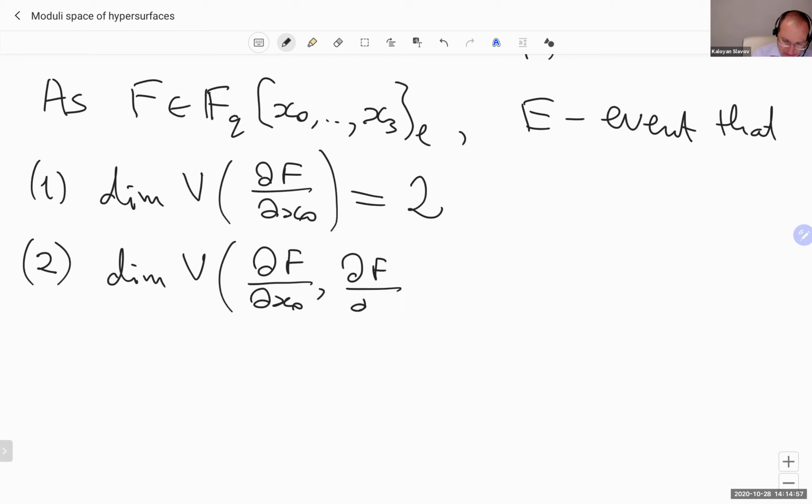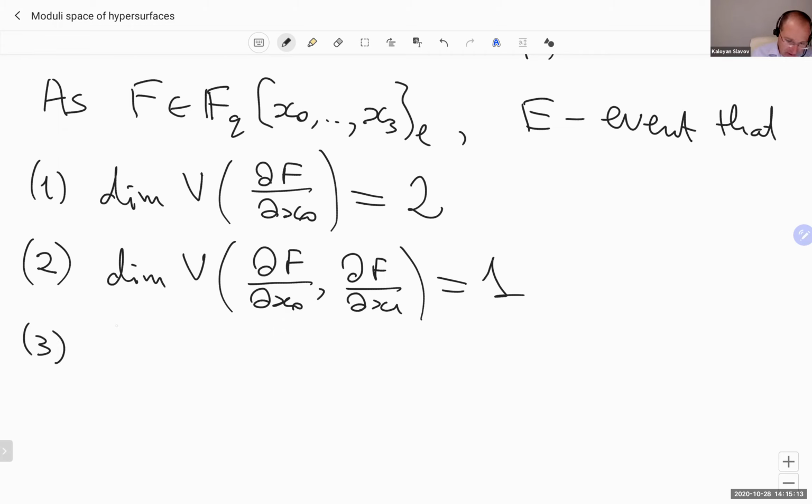If df dx0 and df dx1 were sort of generic, random, whatever word you want to use, that should be the case. Yes, that shouldn't be difficult to achieve.